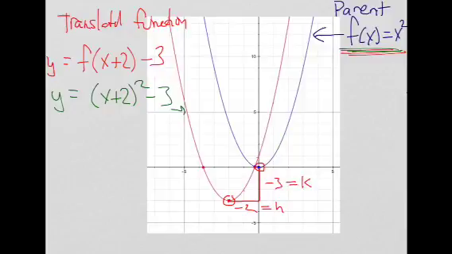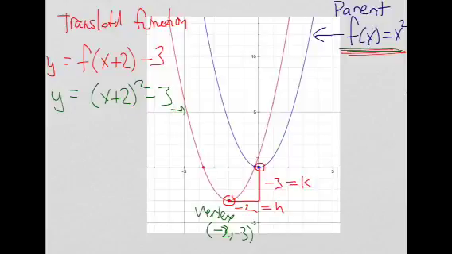Now, some of the cool things about this is the vertex on my translated graph is the point negative 2, negative 3. And you see that negative 2 comes from my shift 2 to the left, the negative 3 comes from my shift down.